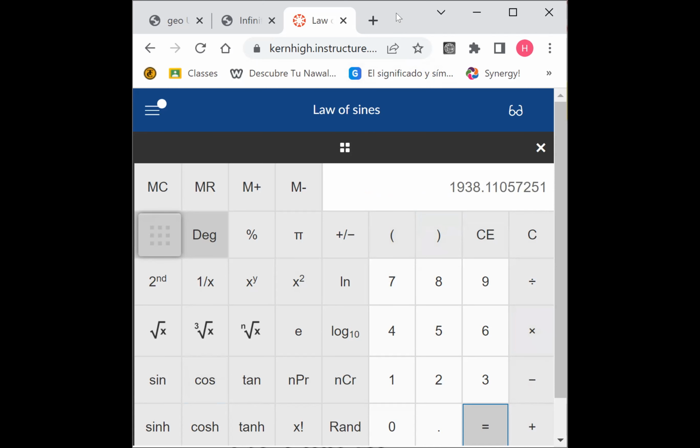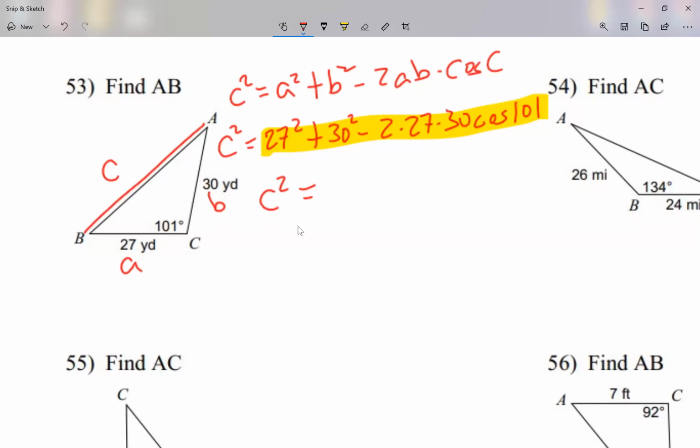Now I'm not quite done yet, so I'm going to use 4 decimal places. So c squared is 1,938.1106.